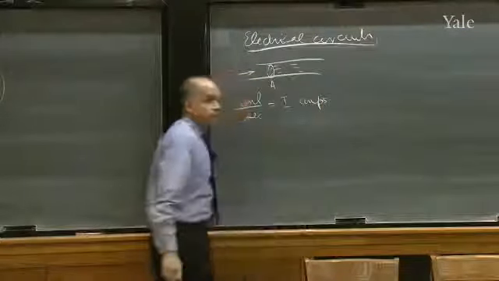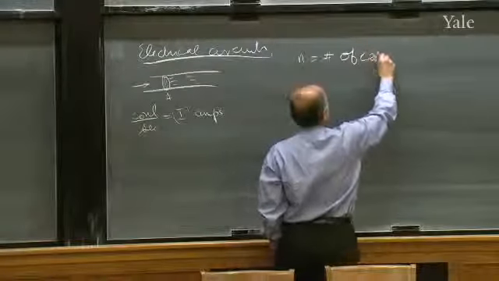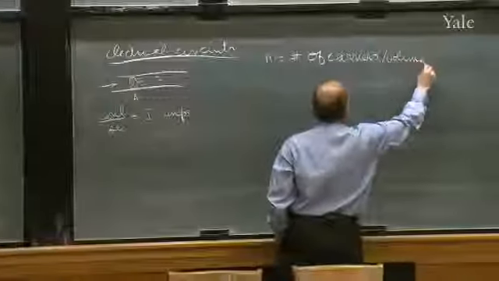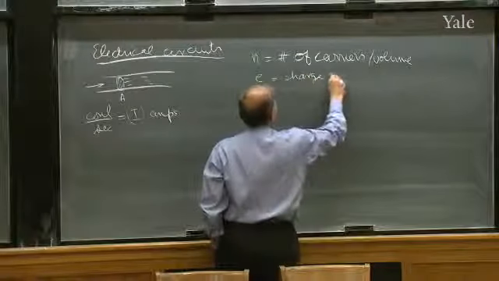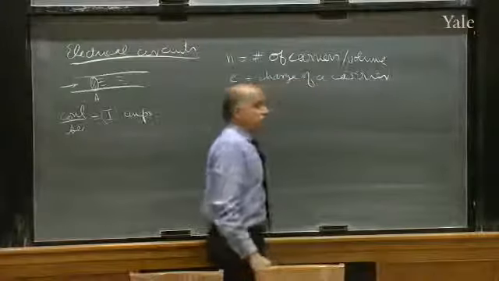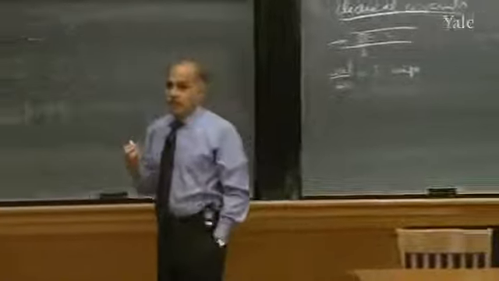All right, now let us ask, what's the connection between the electric current and what's going on microscopically? Let N equal the number of carriers per unit volume. Let E be the charge of a carrier. Now here is one of the biggest nuisances in life: in a wire, the current is carried by electrons.